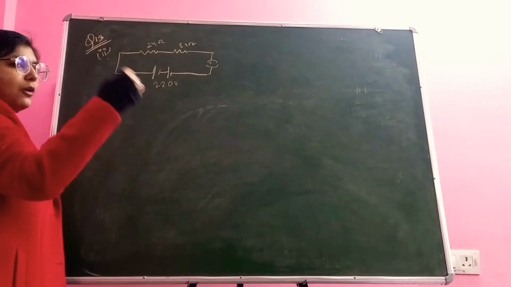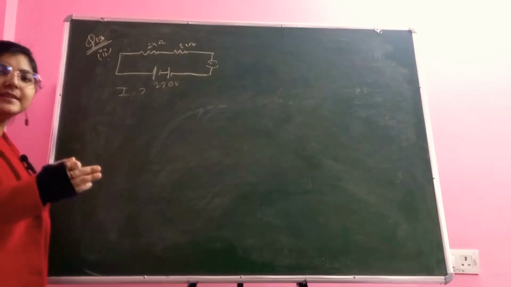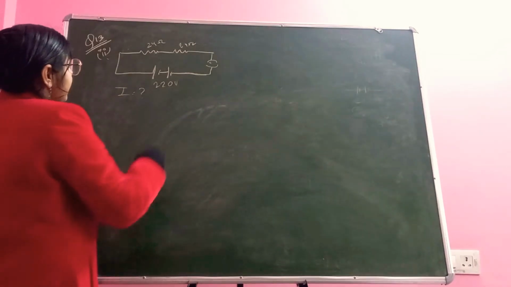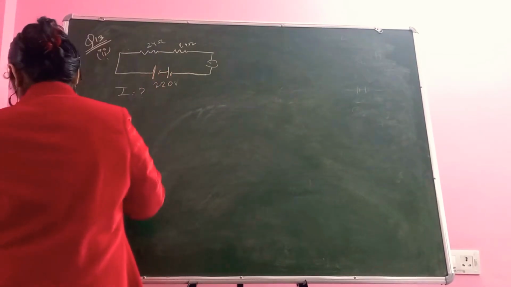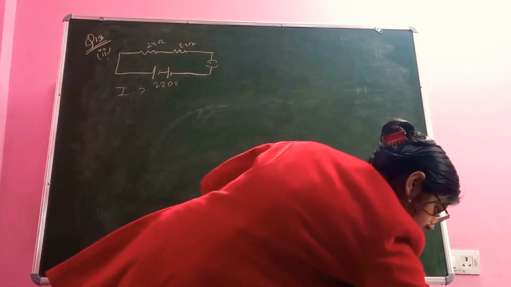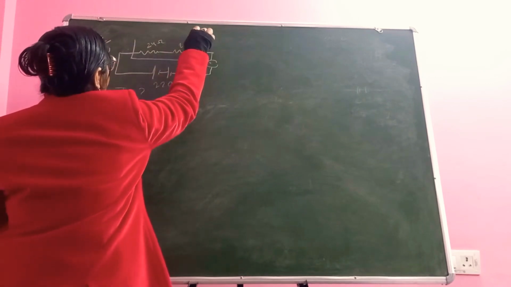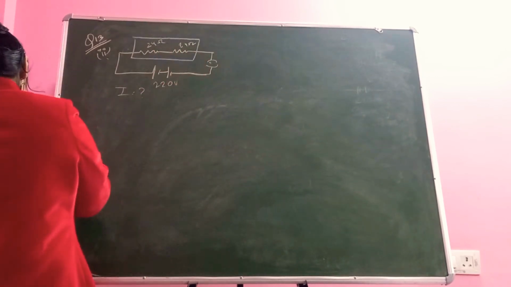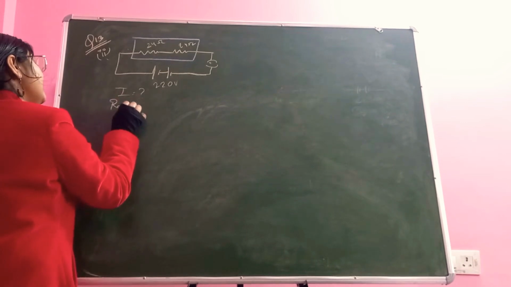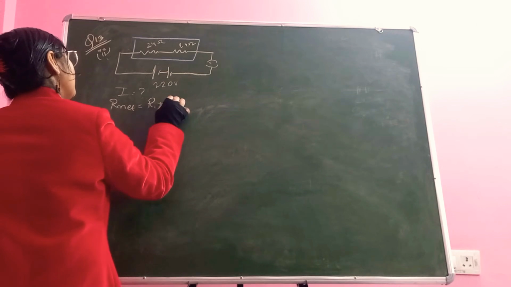Now you know how to calculate current when the resistors are connected in series. So do it. First we will calculate the net resistance. And we know that for series, R net is equal to R1 plus R2.